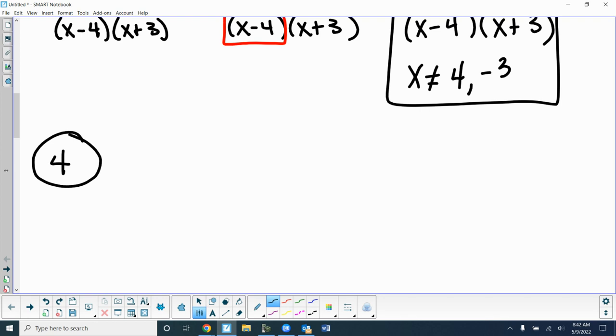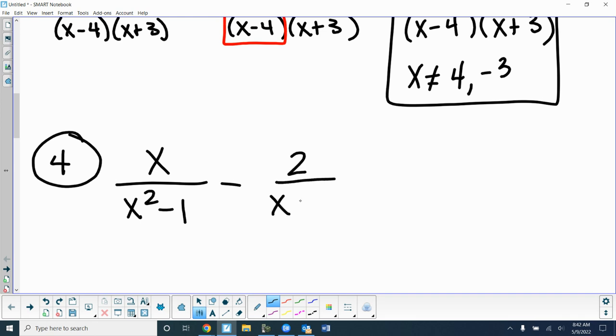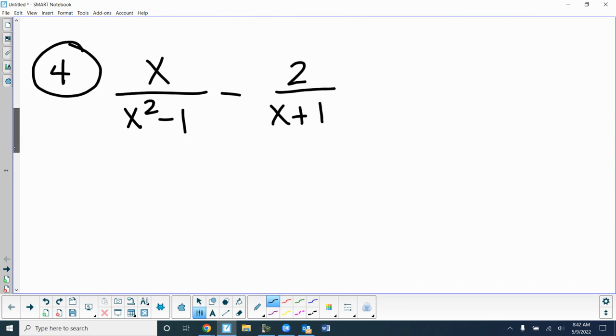All right, number 4, very similar, except it's subtraction. Can I factor either denominator? Yeah. This first denominator is a difference of squares, right?